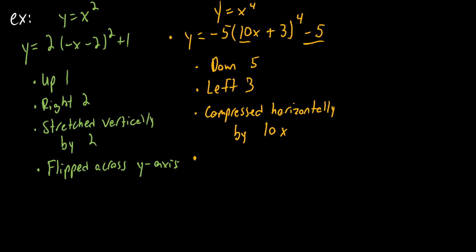What about that 5 out in front? That's going to be stretched vertically by 5. Once again, I'm just going to say 5 times. And last but not least, we have this negative sign out front, which means it's going to be reflected across the x-axis.